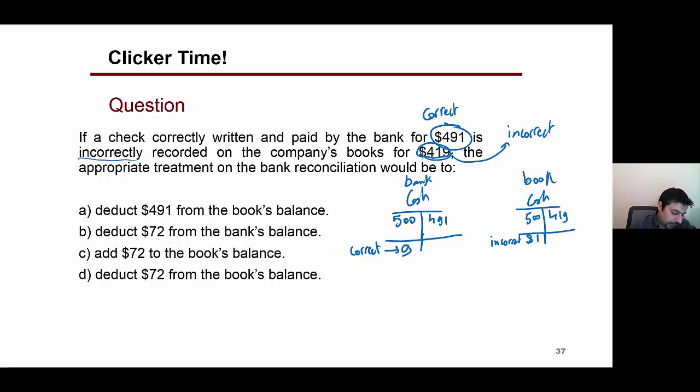Now, generally speaking, you have the incorrect plus the adjustment should be equal to correct. Here, 81 plus the adjustment is equal to 9.